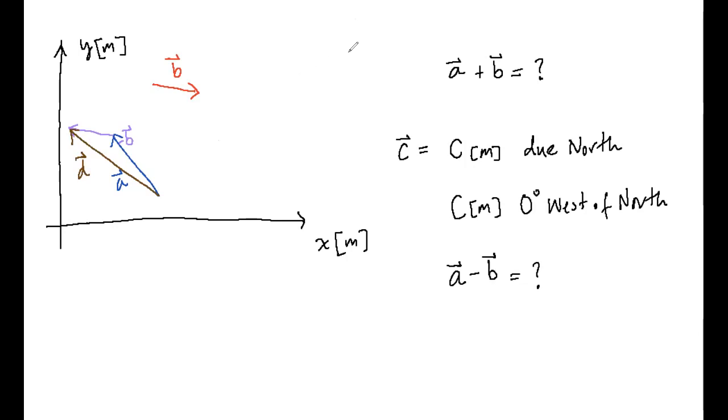Now this time, if we were to describe the direction of D, we would say that D is D meters, theta degrees west of north.